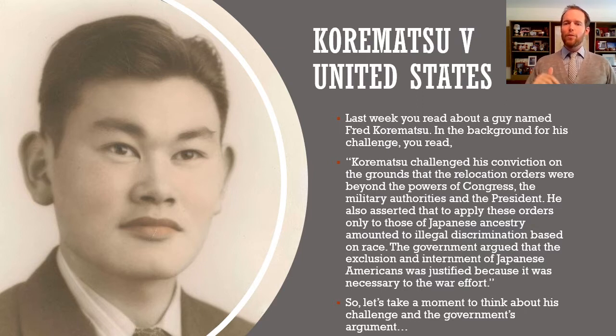He also asserted that to apply these orders only to those of Japanese ancestry amounted to illegal discrimination based on race. The government argued, however, that the exclusion and internment of Japanese Americans was justified because it was necessary to the war effort.